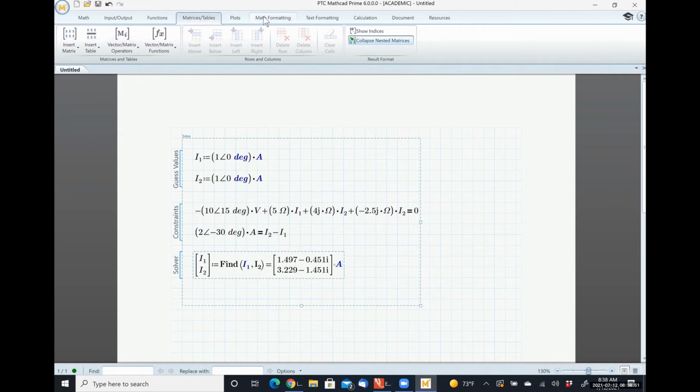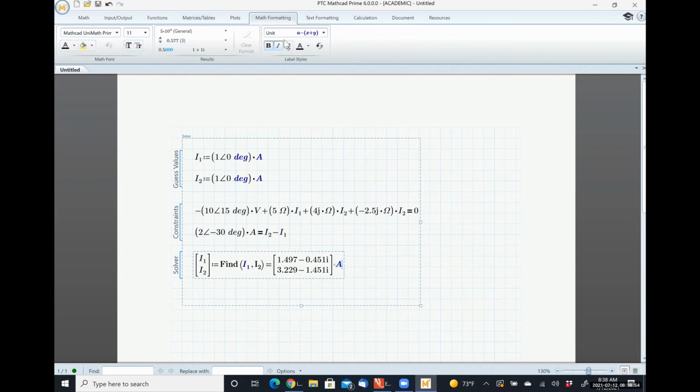To convert them to polar form, which is what we're used to, I go to math formatting. And down here, I can change the different types of complex variables that I get. So for instance, this topmost option is giving me rectangular form with I as the imaginary operator. This next one down is rectangular form with J as the imaginary operator. Then we have polar form with our angle in pi radians.